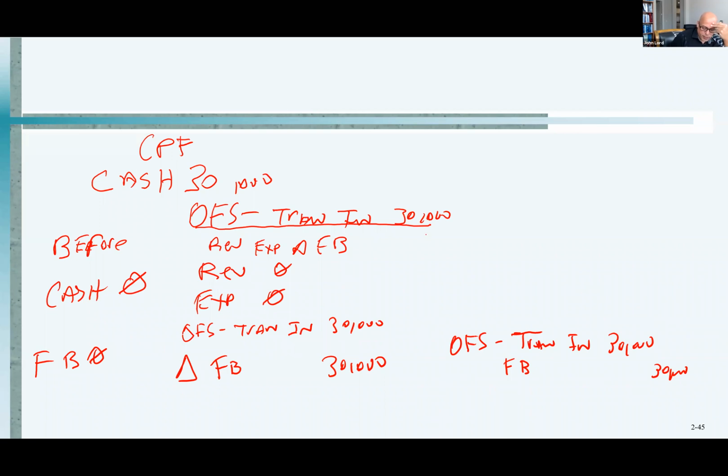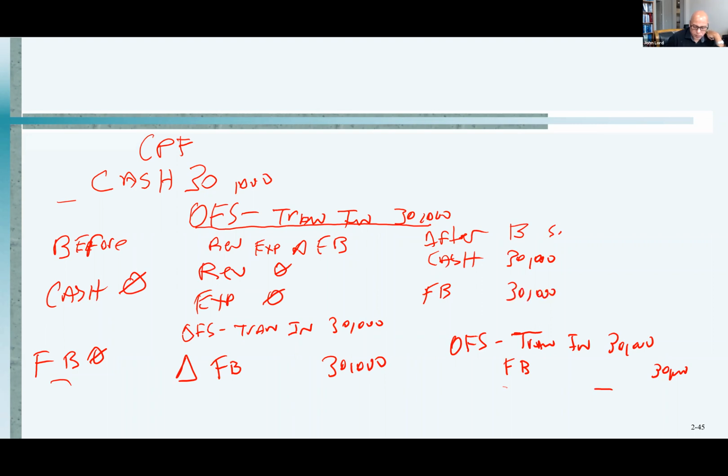Now when I do my after balance sheet, after the closing, cash is 30, started at 0, but I debited it for 30. Fund balance started out at 0. It's a credit balance. So after having closed that, I credited fund balance for 30 and my balance sheet balances.